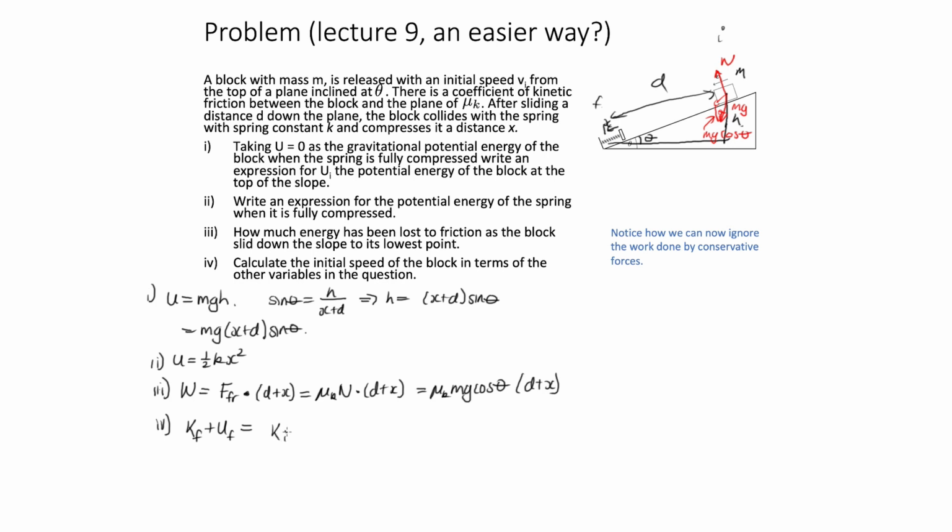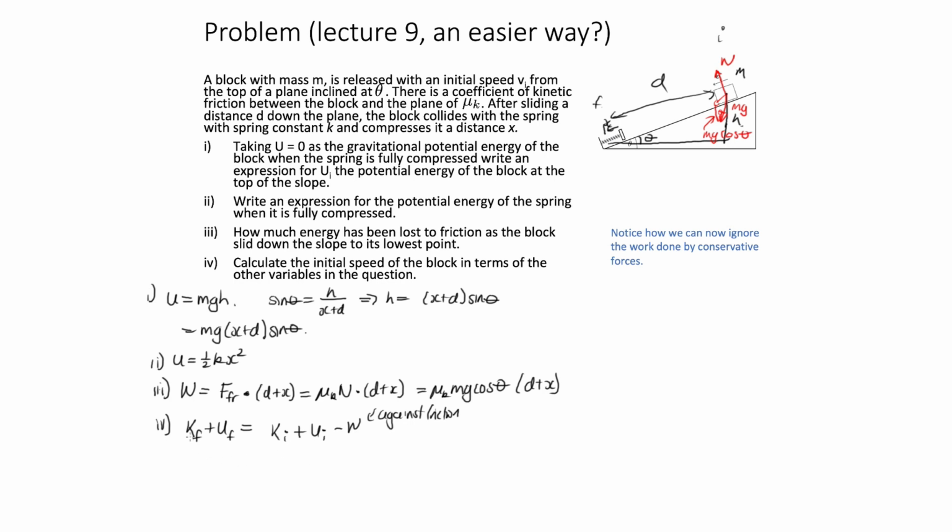And at the start, it had some initial kinetic energy plus some initial potential energy. And then on its way down, it lost some of this energy overcoming friction. So we'll write that as minus W, where this is the work done against friction. So there's no external forces in this case.